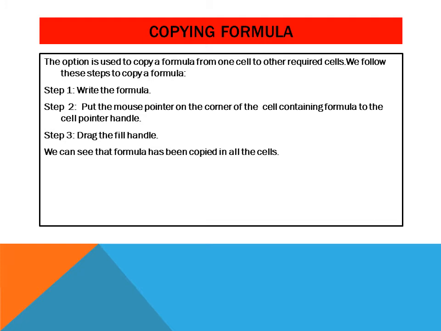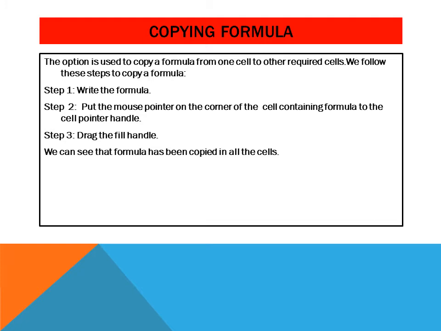cells. One important point is that if we change the value in any of the cells whose address is used in the formula, the result in the related cell is changed automatically. What does that mean? Suppose we have already written our data and we have already calculated the result according to the formula.